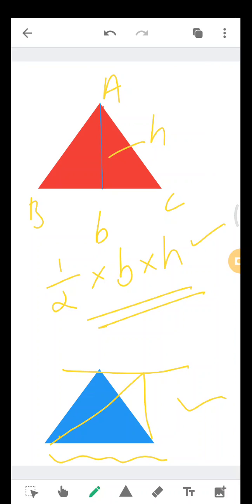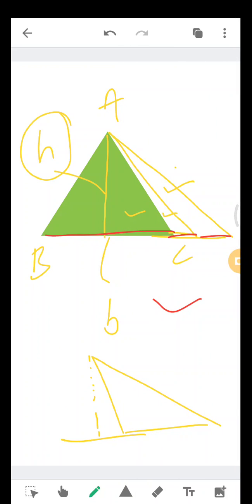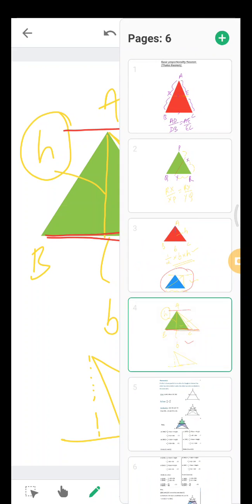Then we saw that triangles on the same base and between the same parallels are equal in area. And the last thing is that the height remains common if the triangles lie between the same parallels. All these things will help you to understand the theorem very easily. Let's begin our theorem now.